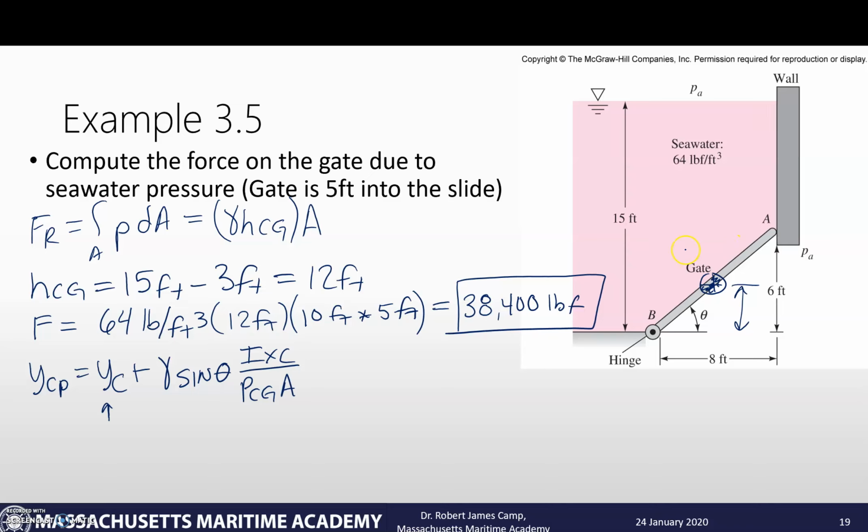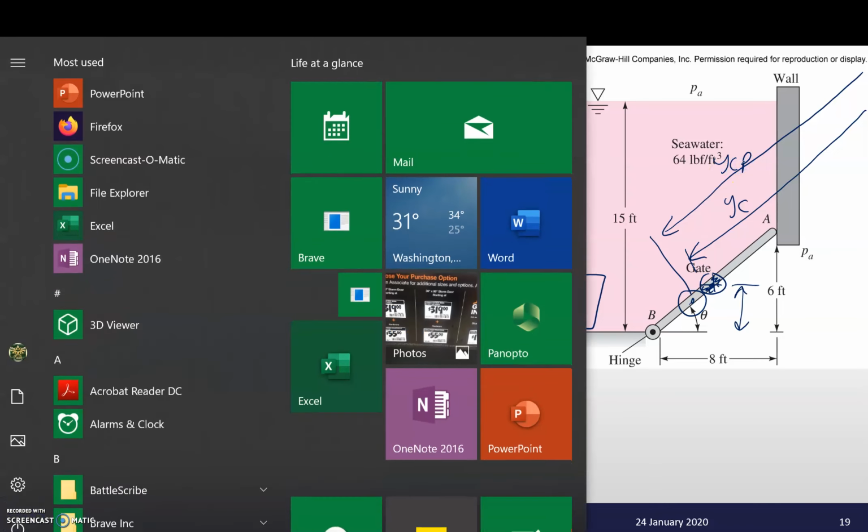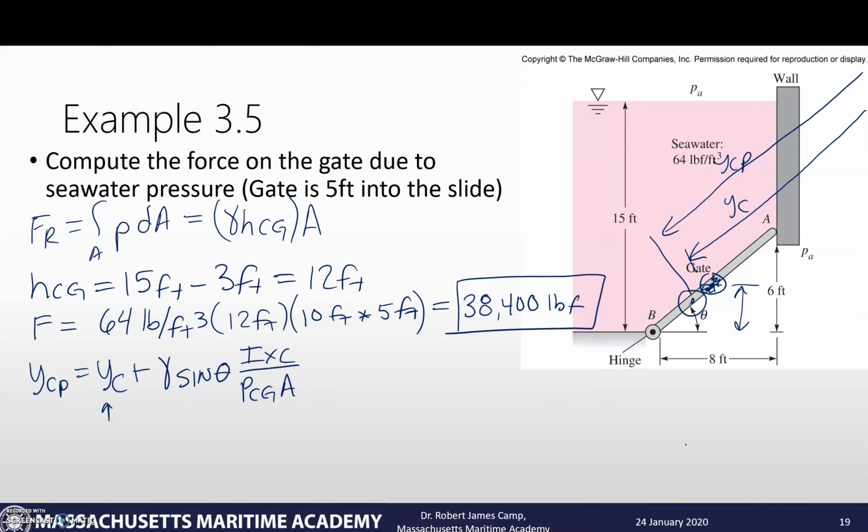Remember, y sub c is this distance all the way back up to the surface of the water. We're going to solve for YCP, that distance all the way down to the center of pressure. In the book, YCP is just the distance between the center of gravity and the center of pressure. They're along the same axis. That's the only difference between the two.